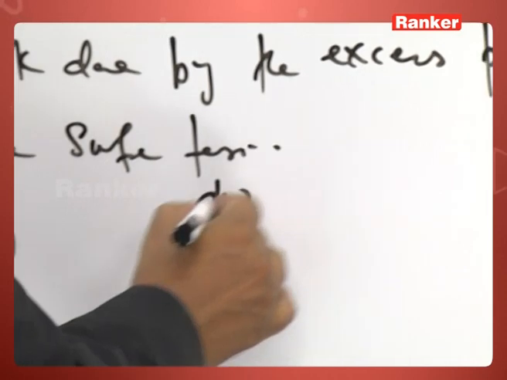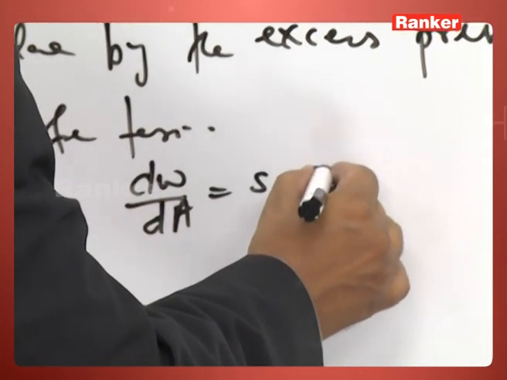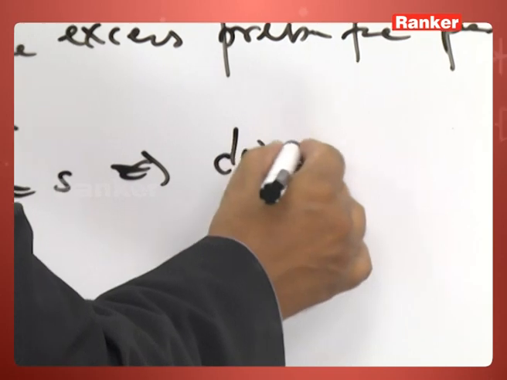That is dW by dA is equal to S, which implies dW is equal to S dA.